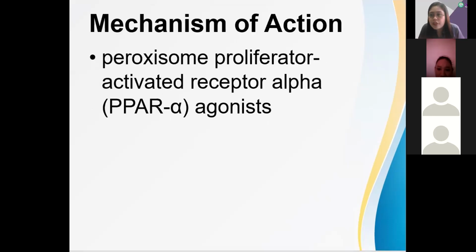Now, how about the mechanism of action of our fenofibrates? They are actually agonists of the PPAR alpha. When you say PPAR alpha, it means peroxisome proliferator activated receptor.